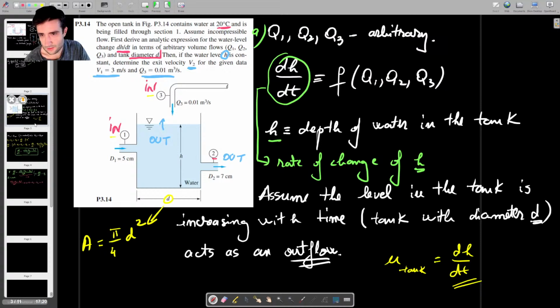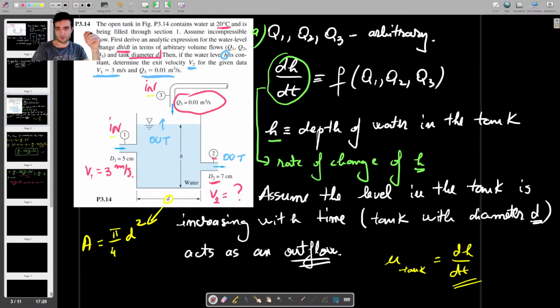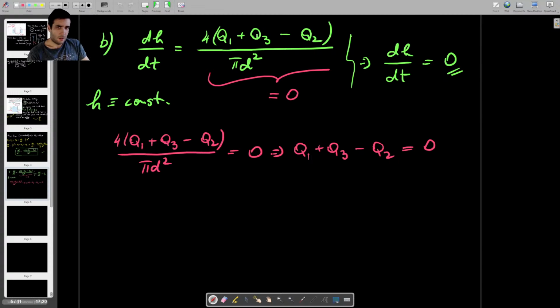Now let's remember what we have to find: the velocity here, which we don't know. We know this is 3 meters per second, and we also know this volumetric flow rate, which is given as well. All we have to do now is manipulate this around, and we'll get the answer quite easily. So we have Q1 plus Q3 is equal to Q2.